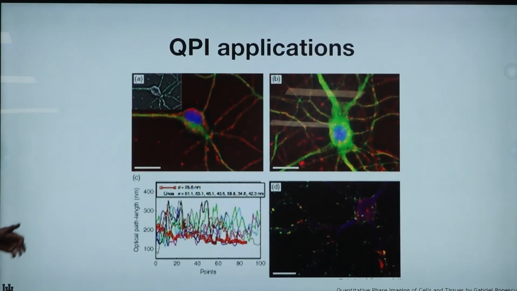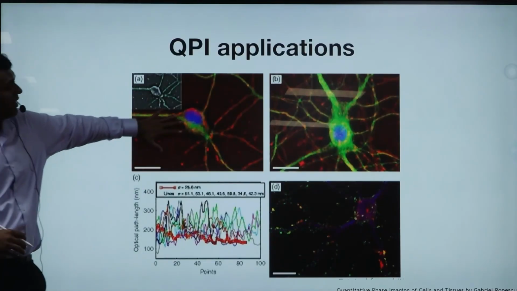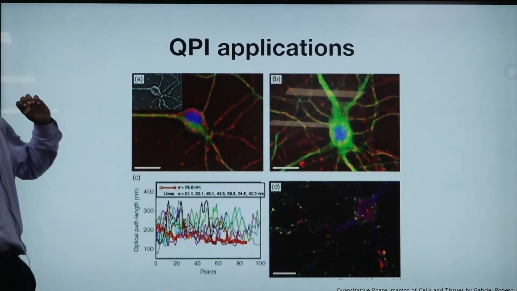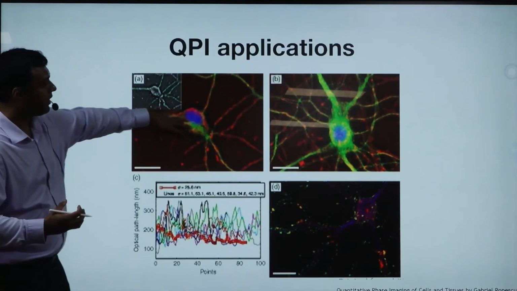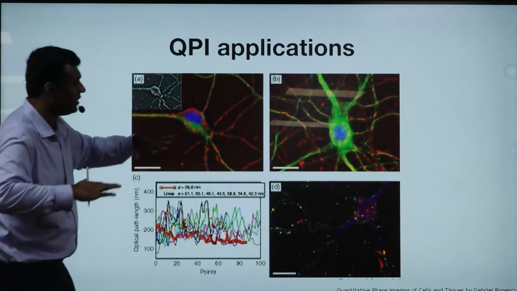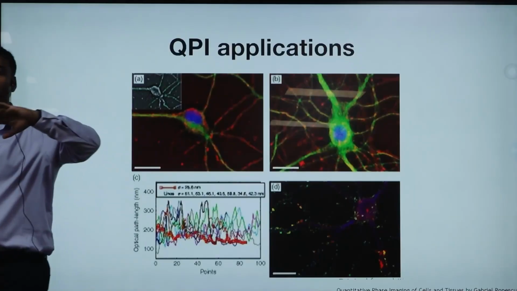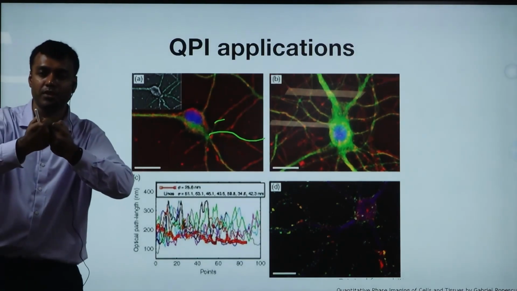Another application is called multimodal imaging, where you take quantitative phase images. This is an image of a neuron, a nerve cell, and you can study how, for example, two neurons which are coming to each other form a connection. These are called dendrites. Basically, they grow and reach the other neuron, and connect with it at a point called a synapse.